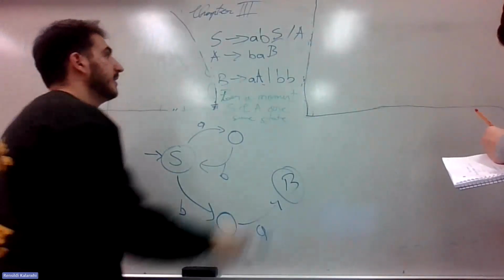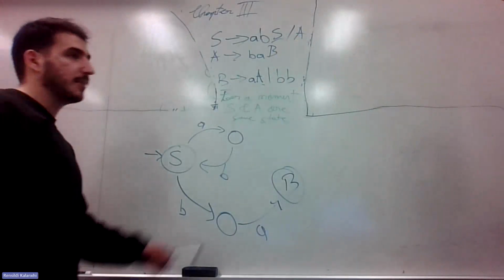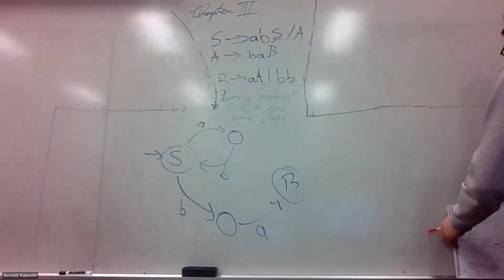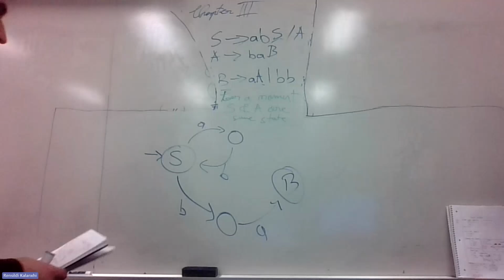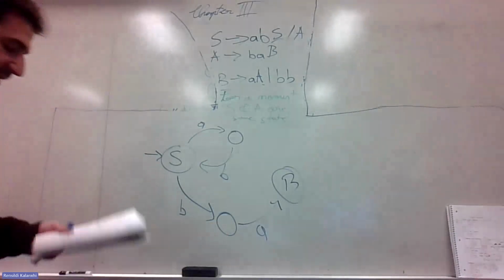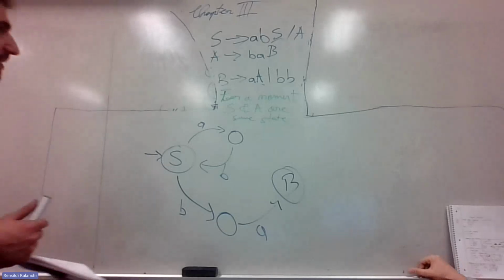The reason is because of this choice, this option here. So for this bridge state, we have to include A pointing to B there.